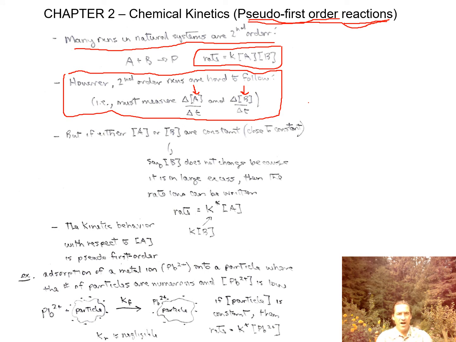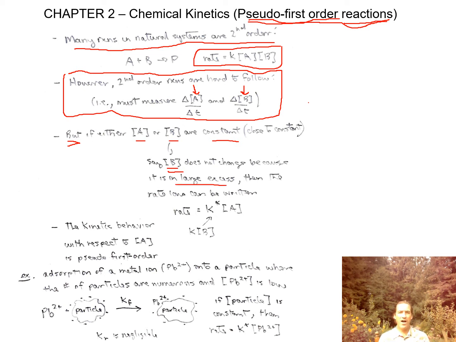But in a lot of situations, you have to think about what's actually going on. Maybe either A or B are fairly constant through time. So even though they're reacting, maybe one of them is close to being constant. An example of this is, say, what if B is at very high concentrations and in excess?